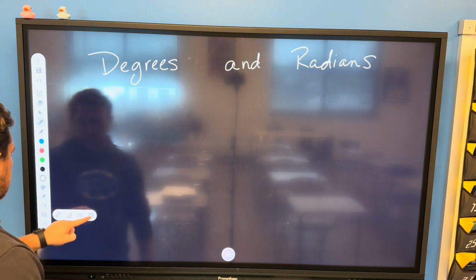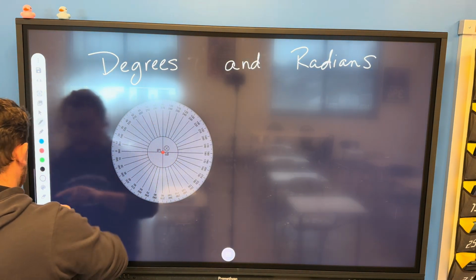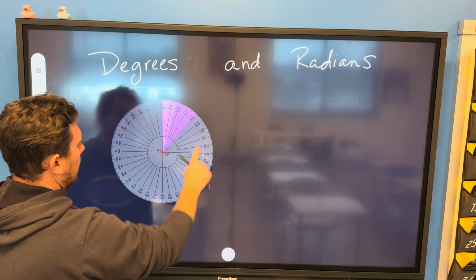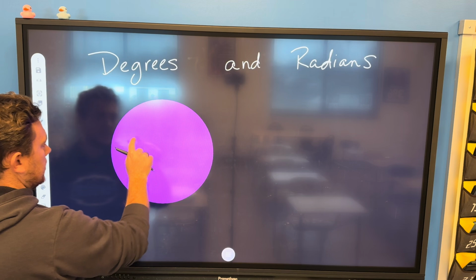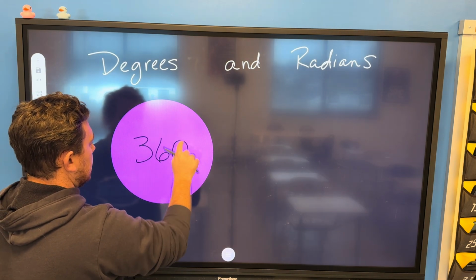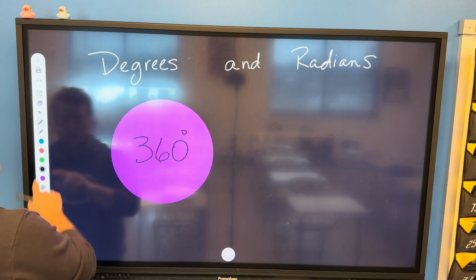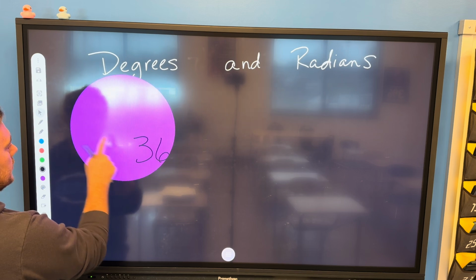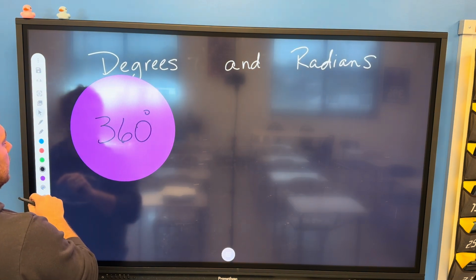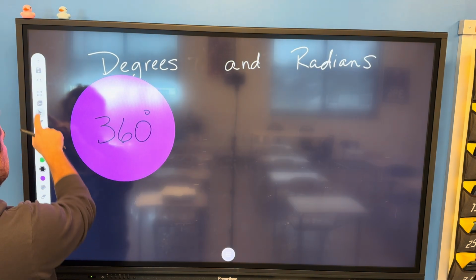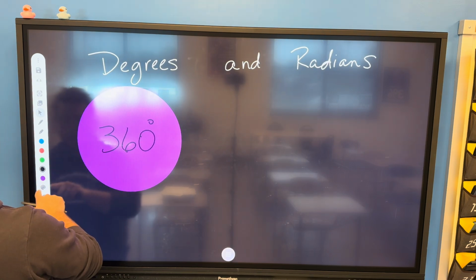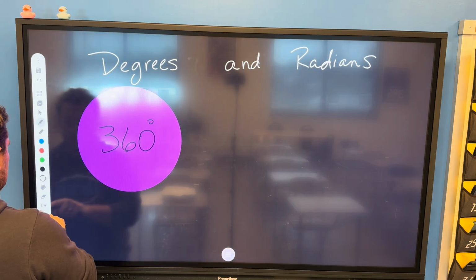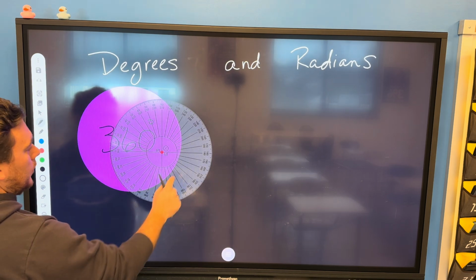Again, we talked about this before, but let's say that we have something, right? We have a full circle, which we know is 360 degrees. So that's the degree here. Okay, here's our degree of 360. What if we have the same thing, right? But instead of in degrees, we have it in radians.